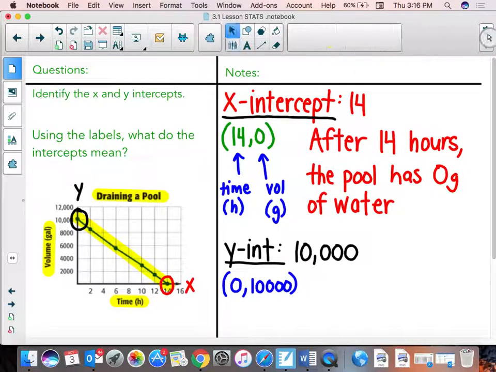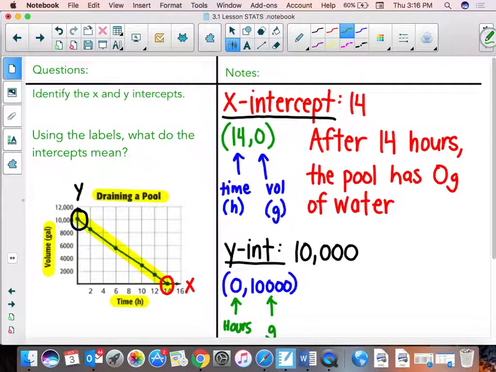So, our 0 is our hours. 10,000 is our gallons. So, really you could say after 0 hours, the pool has 10,000 gallons.